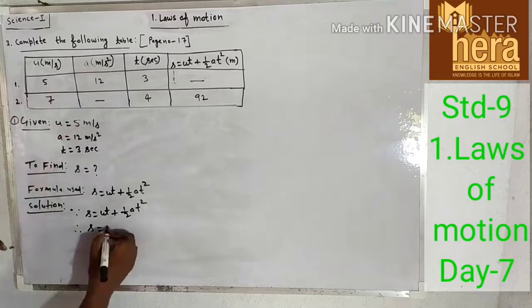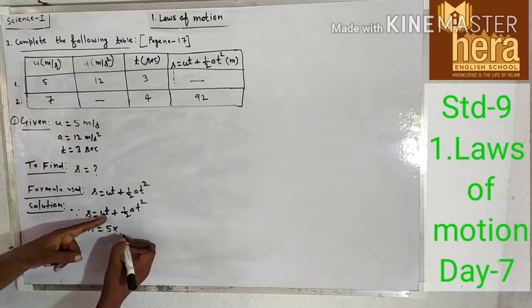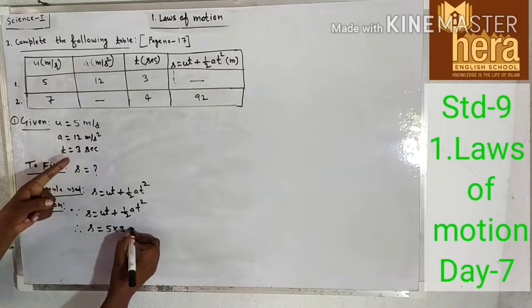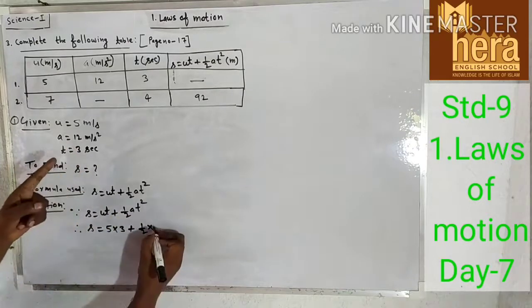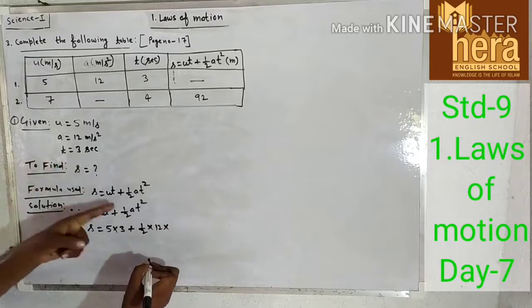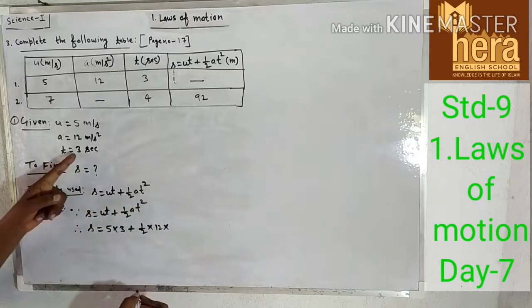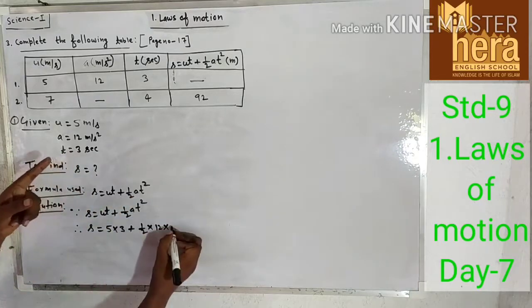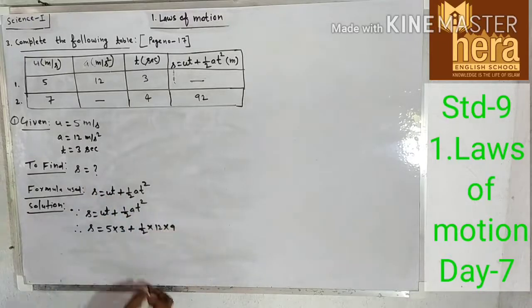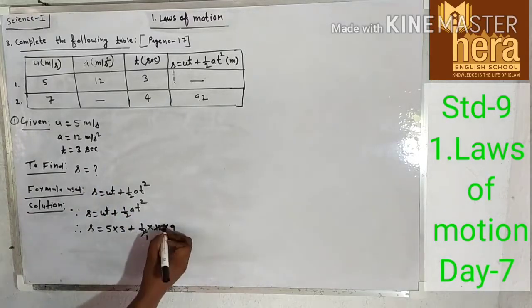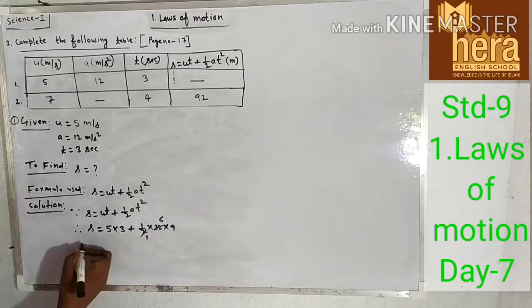U is 5. T is 3, plus 1 upon 2 into A is 12 into T square. T is 3, square, that is 3 3 is 9. Okay, 2 1 is 2, 2 6 is 12.